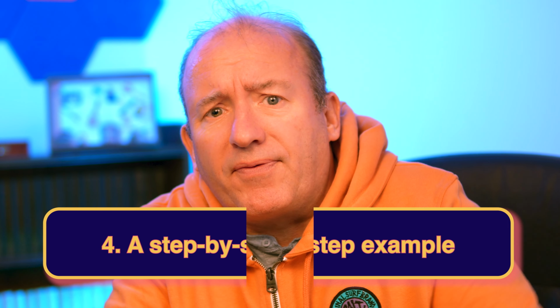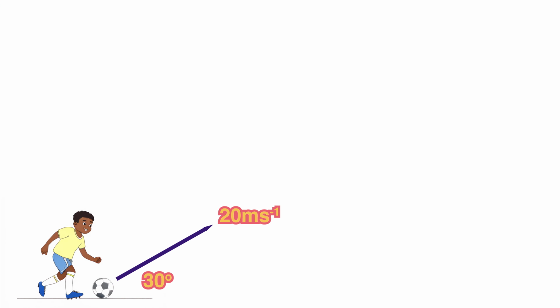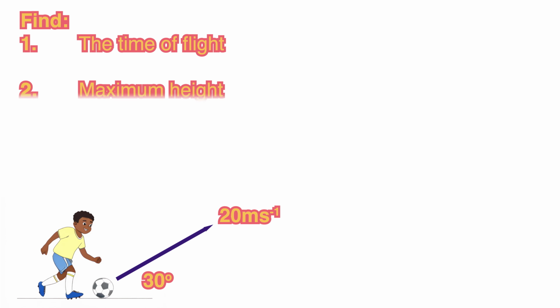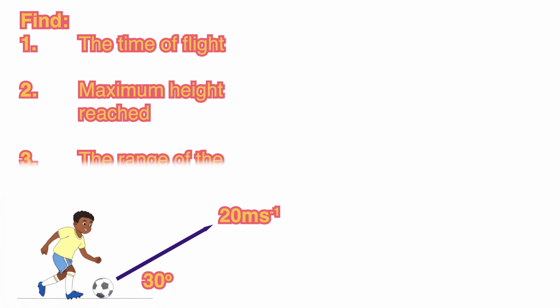A ball is kicked from the ground at an angle of 30 degrees with an initial speed of 20 meters per second. Find the time of flight, the maximum height reached and the range of the projectile. Step 1. Let's break the initial velocity into its horizontal and vertical components.